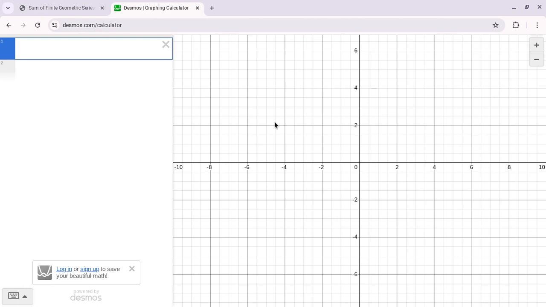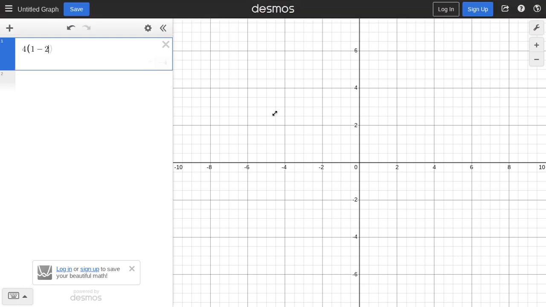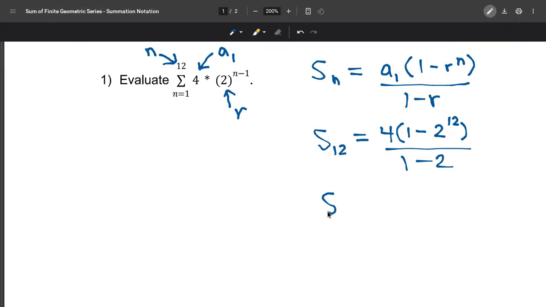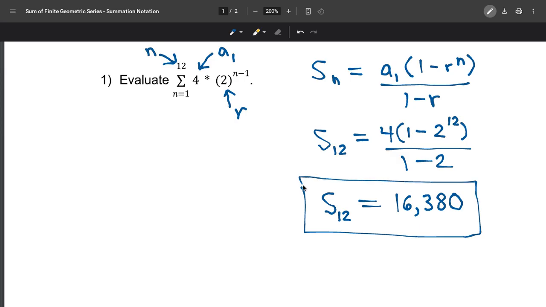We do 4 times 1 minus 2 raised to the 12th power divided by 1 minus 2, and we get 16,380. So our sum of these 12 terms is 16,380.